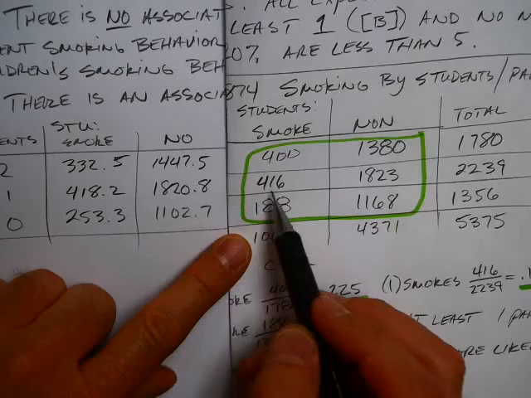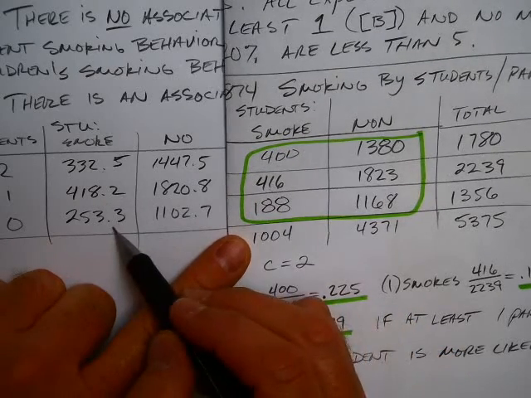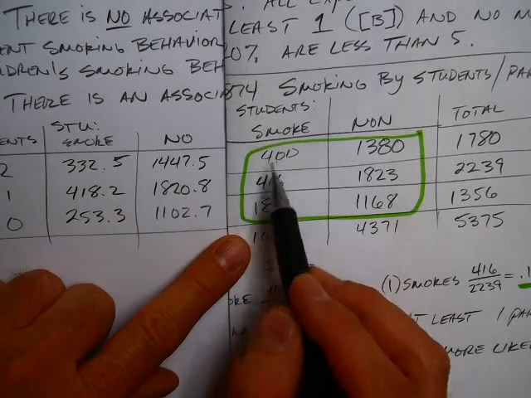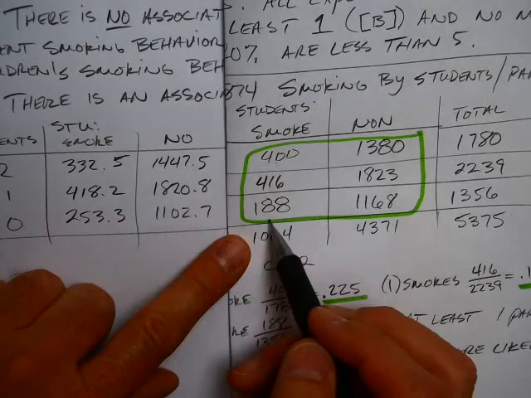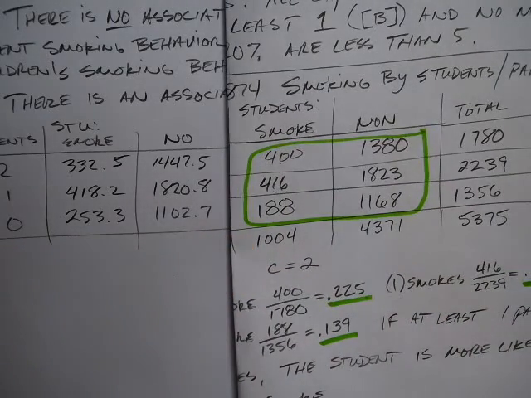Here we're actually pretty close. And here we're quite a bit less than what we expect. So for the 2-parent smoke, we're more. For the 0-parent smoke, we're less. And for 1-parent smokes, we're just about in line with what is expected.